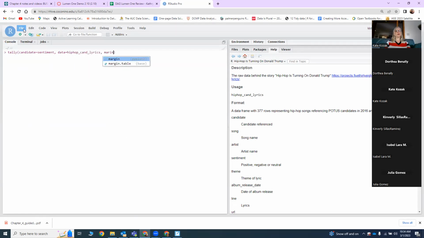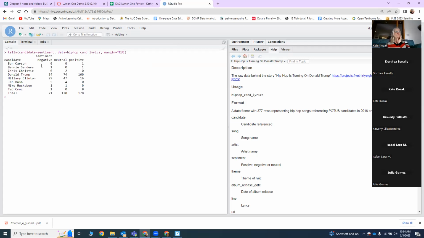And I actually like margin equals true because I want to be able to see the totals. When I did this way, I actually did it slightly differently than I wanted to. I want to actually keep the tilde here. This actually worked fine, but I'm going to put the way I did in the notes.